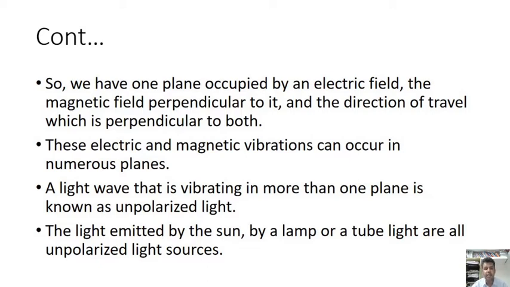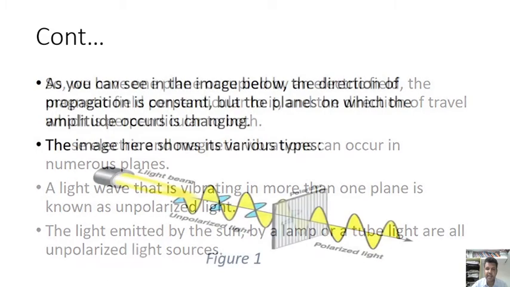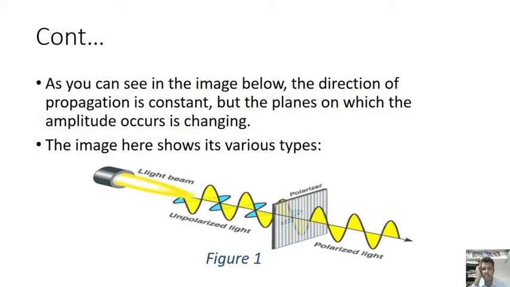The light emitted by the sun, by a lamp, or a tube light are all unpolarized light sources. We can observe this in a diagram.